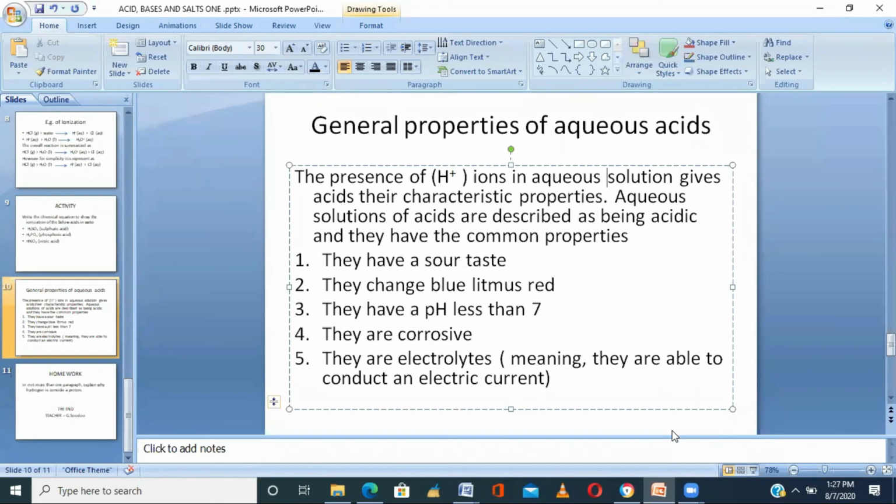That's why when dealing with acids in the lab, we got to make sure we have on our protective gear and so forth. And another important point is that they are electrolytes. So when acids are in the aqueous form, they're able to conduct an electric current. So those are the properties of acids. It's important you remember them.